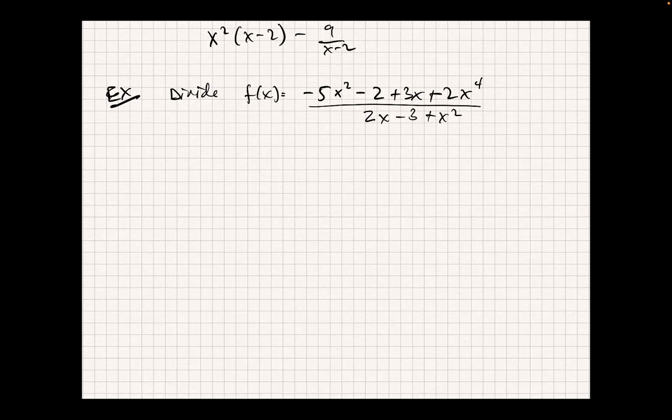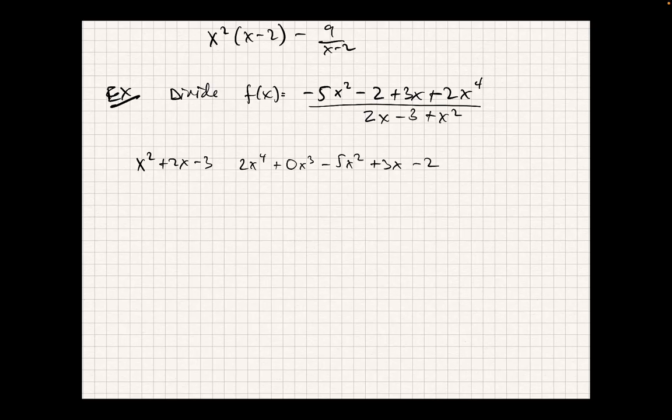So I'm going to set this up and you tell me if I make a mistake. Where's the divide sign? I haven't written it yet. Are we doing 2x to the fourth divided by x squared plus 2x, or just x squared? Just x squared.